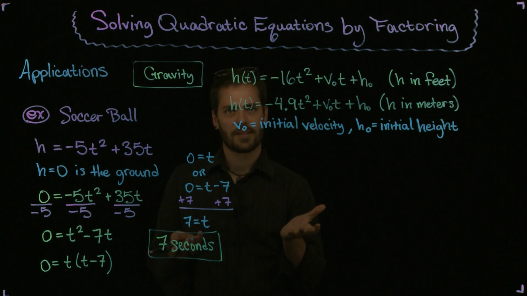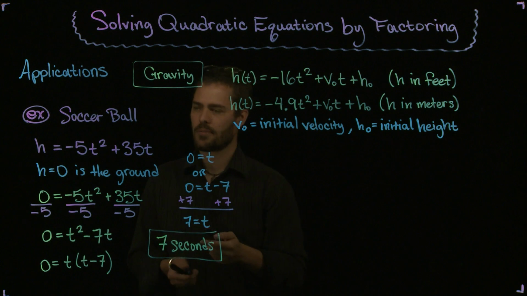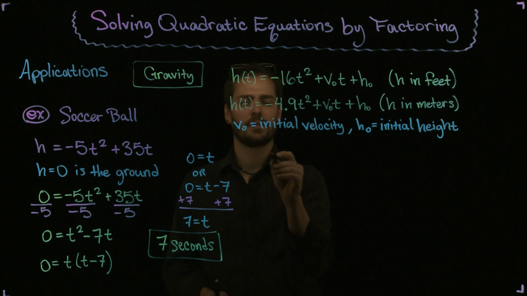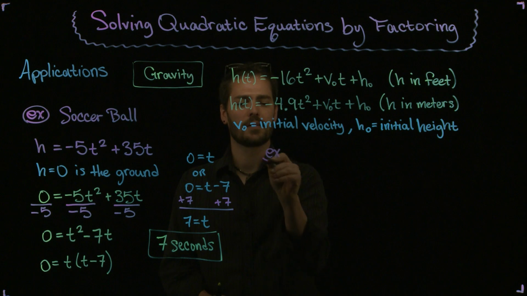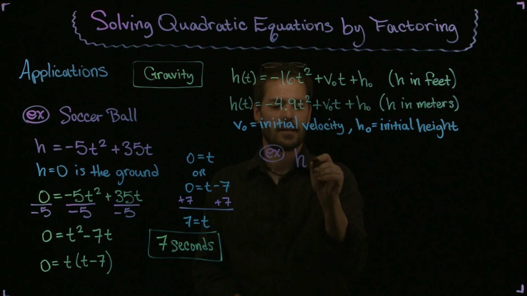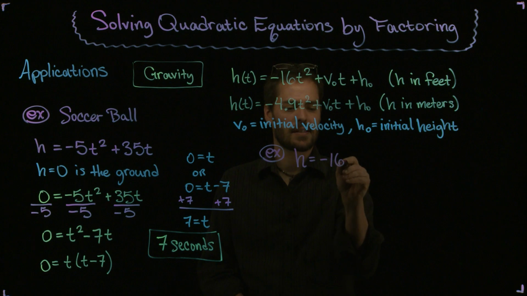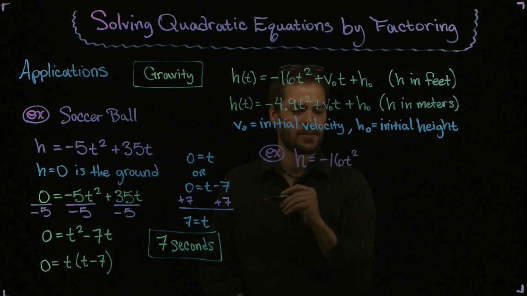Let's take a look at another example involving gravity. How about one where we drop something off of a building? Who hasn't wanted to do that or done it? So let's say we've got h is equal to negative 16 t squared.